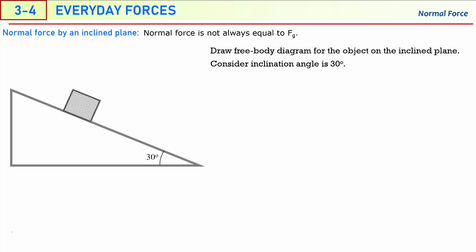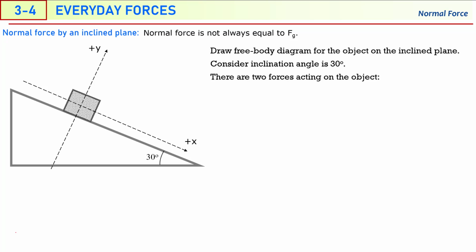This object will accelerate along the surface of the inclined plane. That's why I'm going to draw the x-axis parallel to the surface of the inclined plane. The y-axis is going to be perpendicular to this surface, so this angle is going to be 90 degrees. In this case also, the angle between x and y is always 90 degrees.